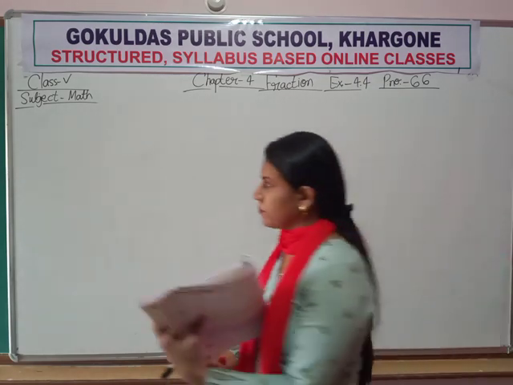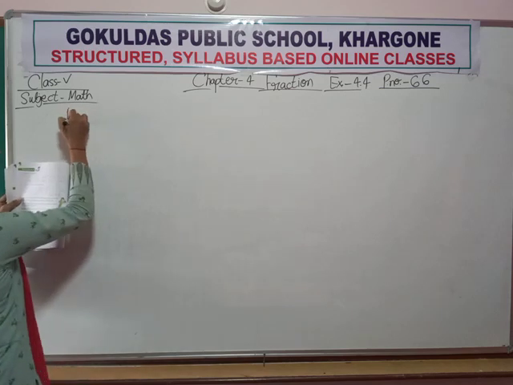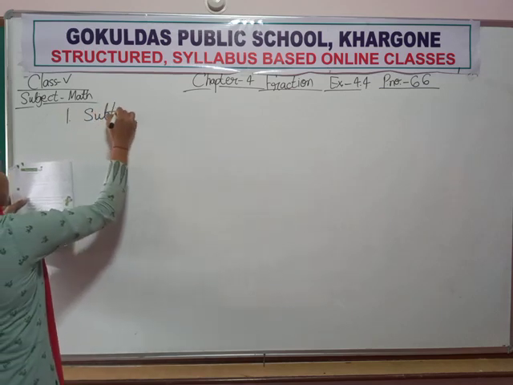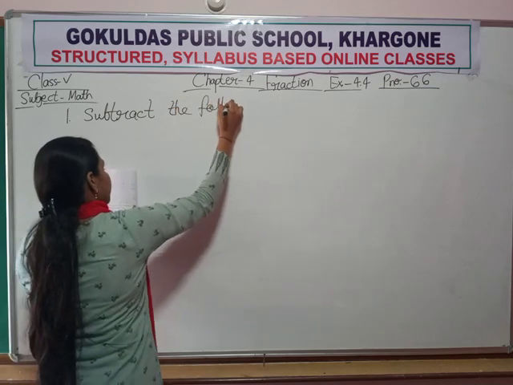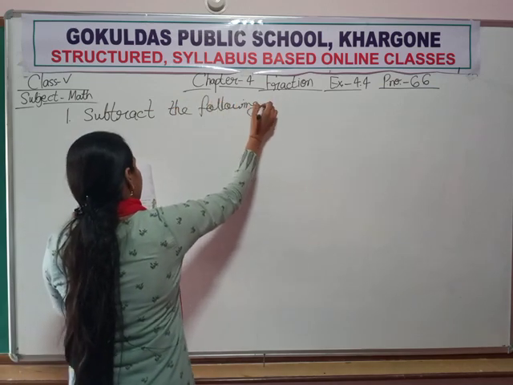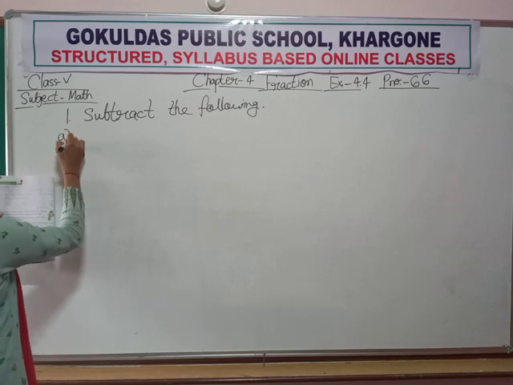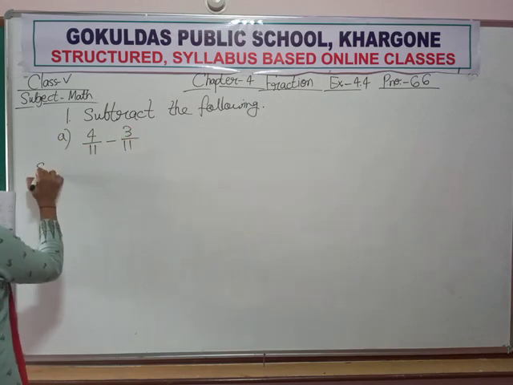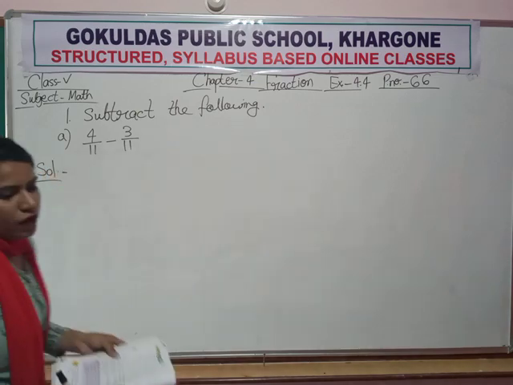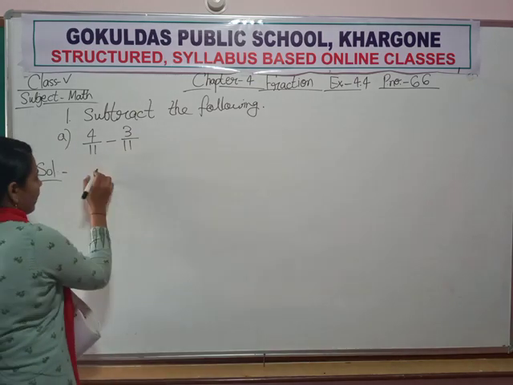Question number 1. Subtract the following. Part A. 4 upon 11 minus 3 upon 11. Let us solve it.